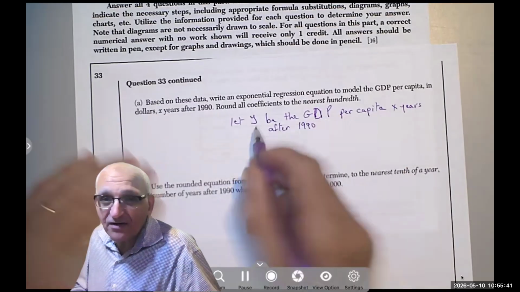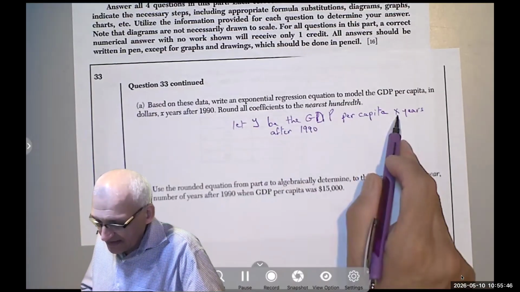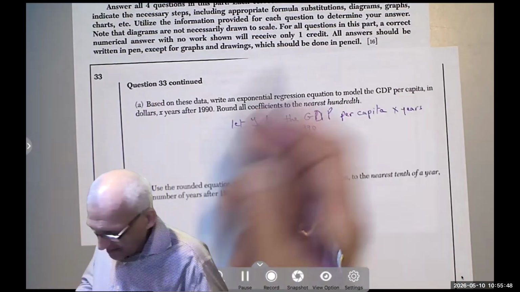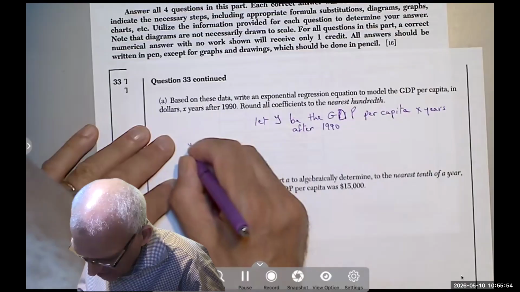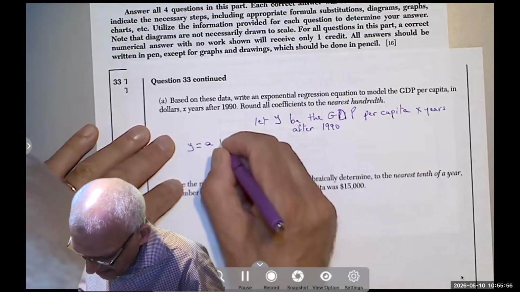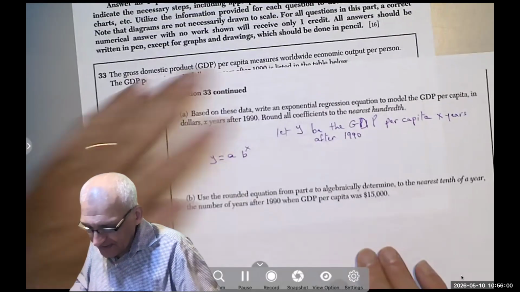I have to define what I am using for Y, since they didn't tell me. So I know that this equation equals A times B to the X, and I can use my calculator to find the A and B that they ask for.